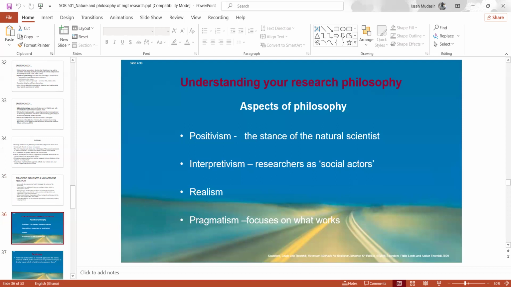If at a point in time constructivism will work, you pick that one and then you do your work. So you pick and choose as and when you feel that that is the right way to go into an inquiry. And in the end, a lot of people who are not sure of where they fall end up becoming pragmatists.